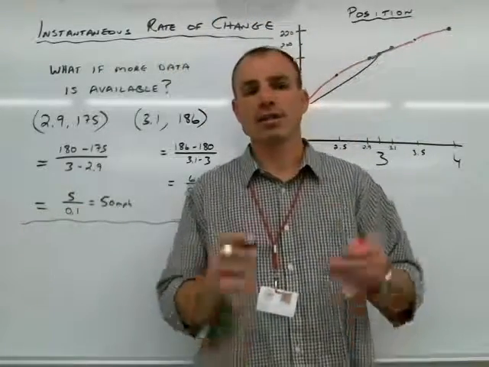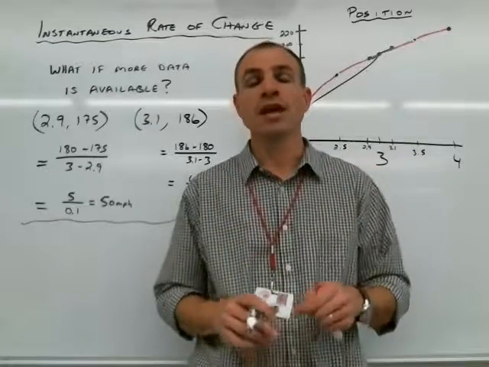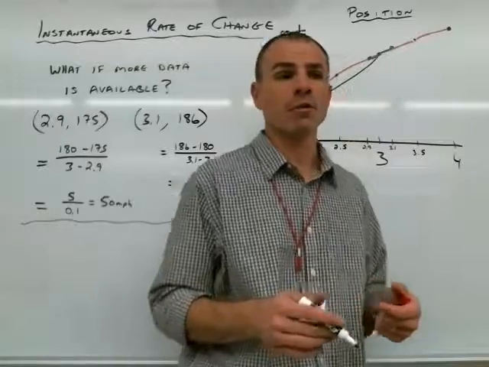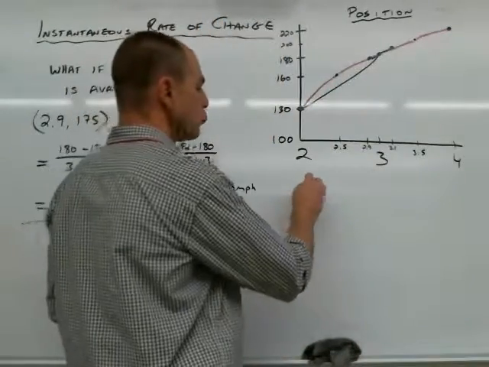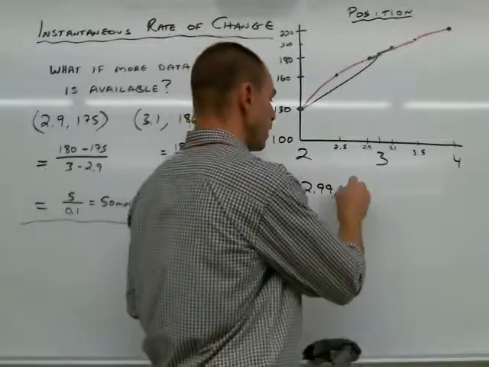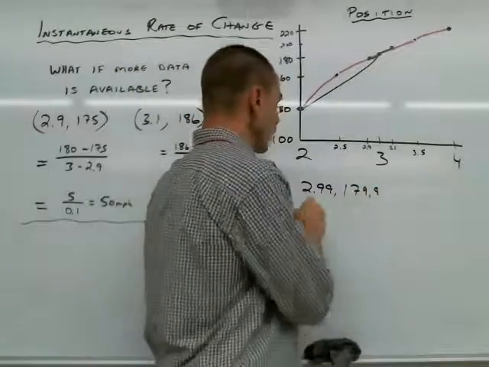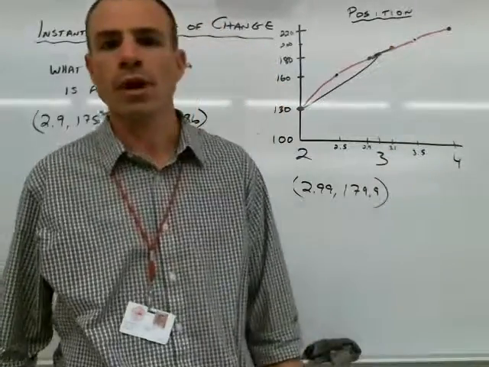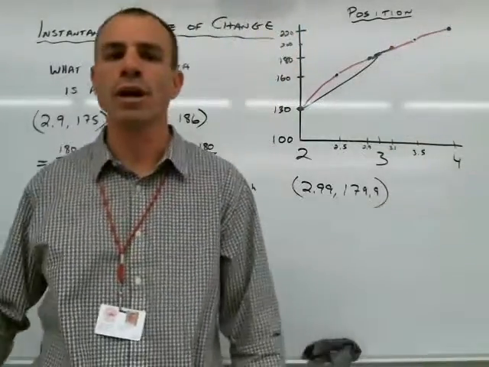And in our final attempt down at the bottom of the page of those notes, now we're even going to go closer than that. We're going to go 100th of an hour away. All right, so you see that data point, you see 2.99 comma 179.9. Okay, so now we are practically right on that dot where we have our 3 over 3 and up 180.